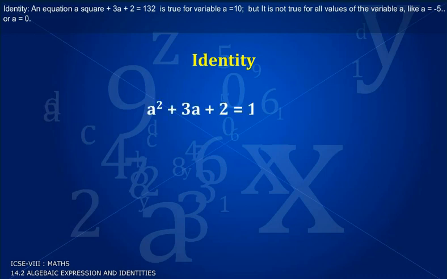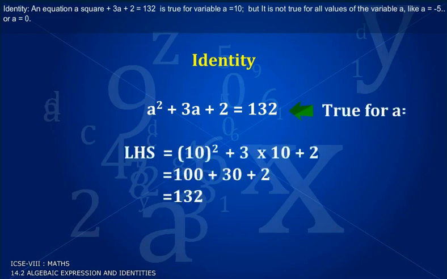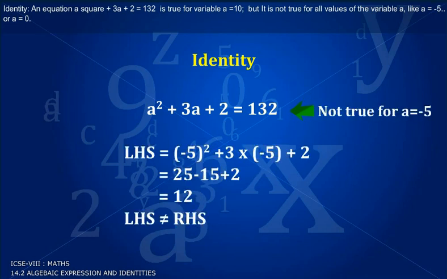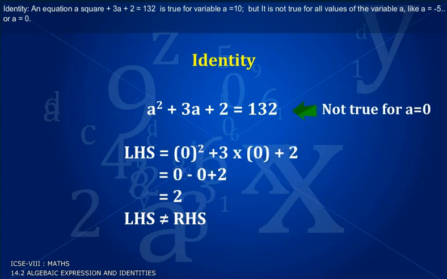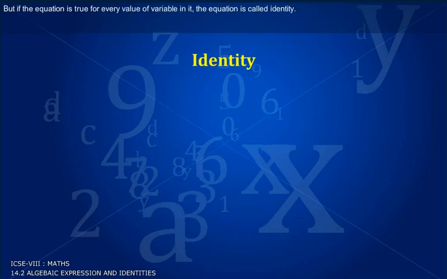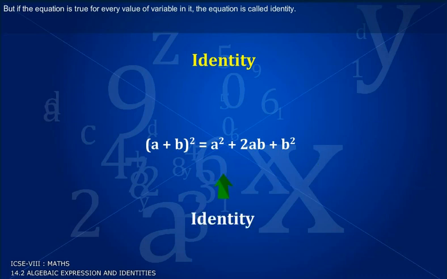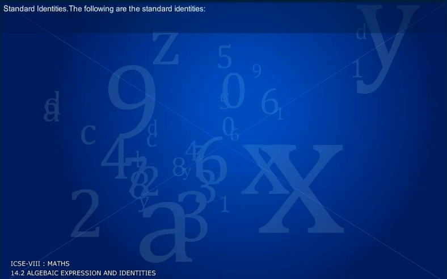An equation a square plus 3a plus 2 is equal to 132 is true for variable a equal to 10, but it is not true for all values of the variable a, like a equal to -5 or a equal to 0. But if the equation is true for every value of the variable in it, the equation is called an identity.